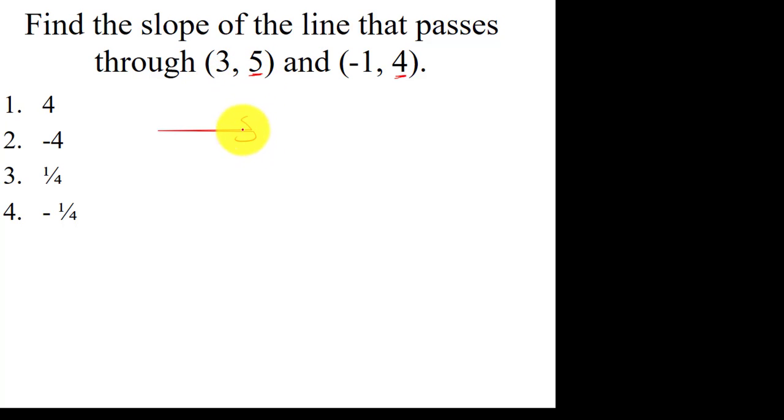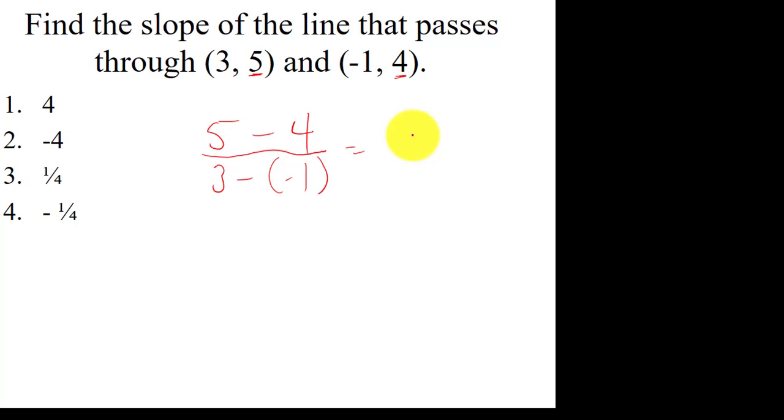So I'm going to take 5 minus 4 as my numerator. So the 5 was y sub 2, which means 3 has to be x sub 2. Point is, I have to be consistent, right? So now I'm going to take 3 minus negative 1 in my denominator.